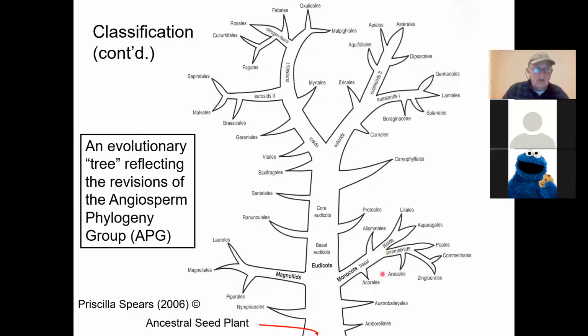Now, we're going to come back to this in a minute, but I want you to think about this part down here at the bottom. The basal angiosperms, the flowering plants, consist of this group, the magnoliids, which includes the magnolia order, laurel order, and the pepper order with Piper in it. And 3 branches down here: the Nymphaeales, which includes water lilies; the Amborellales, which includes one plant in New Caledonia.